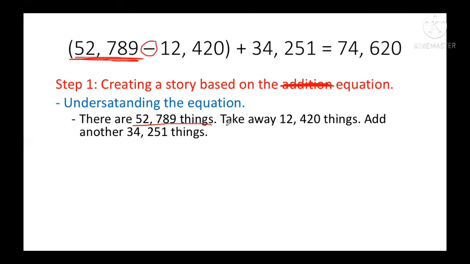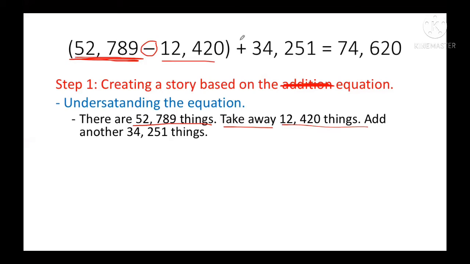Minus, so you can say minus or other words like take away, subtracted by. Those are the words. Here I used take away. This is the easiest word that you can remember, right? Take away, since minus 12,420 things.